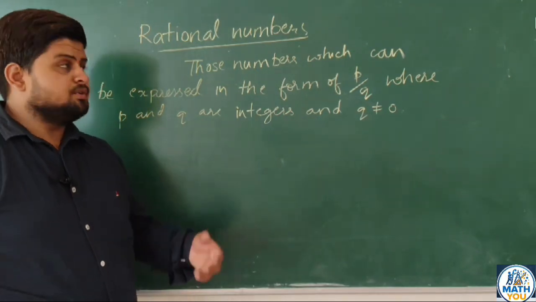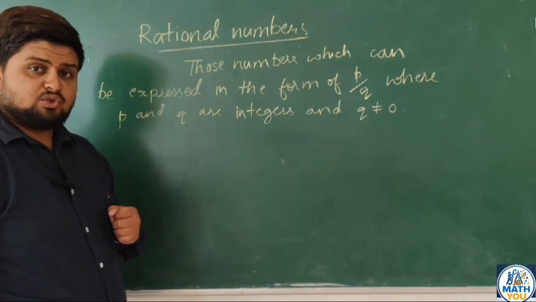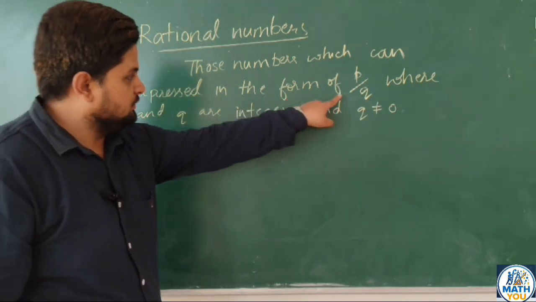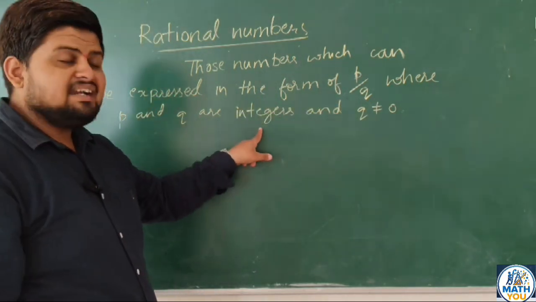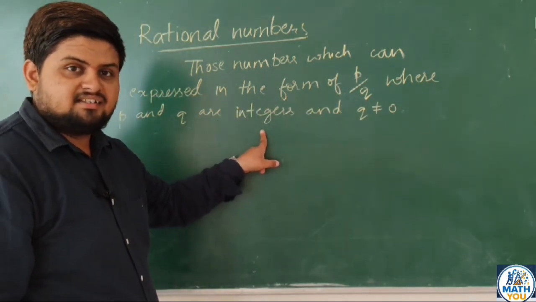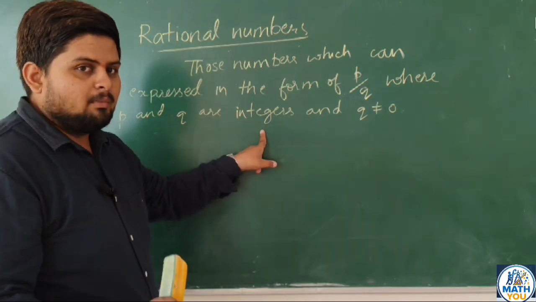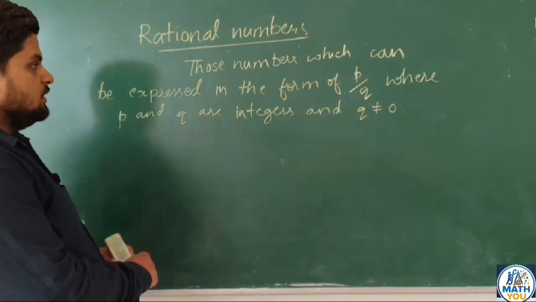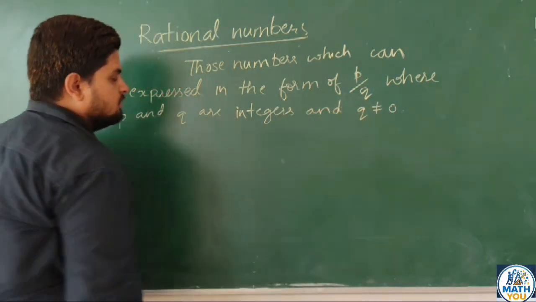Now we got to know that rational numbers are those numbers which can be expressed in the form of p by q, where p and q are integers, in the sense 1, 2, 3, 0, minus 1, minus 2, minus 3, and q is not equals to 0. Why is this q not equals to 0?